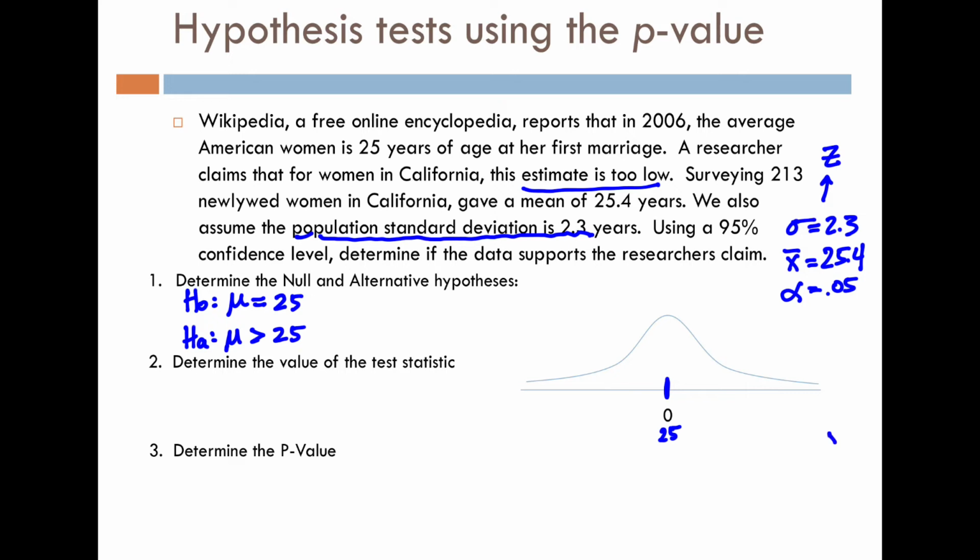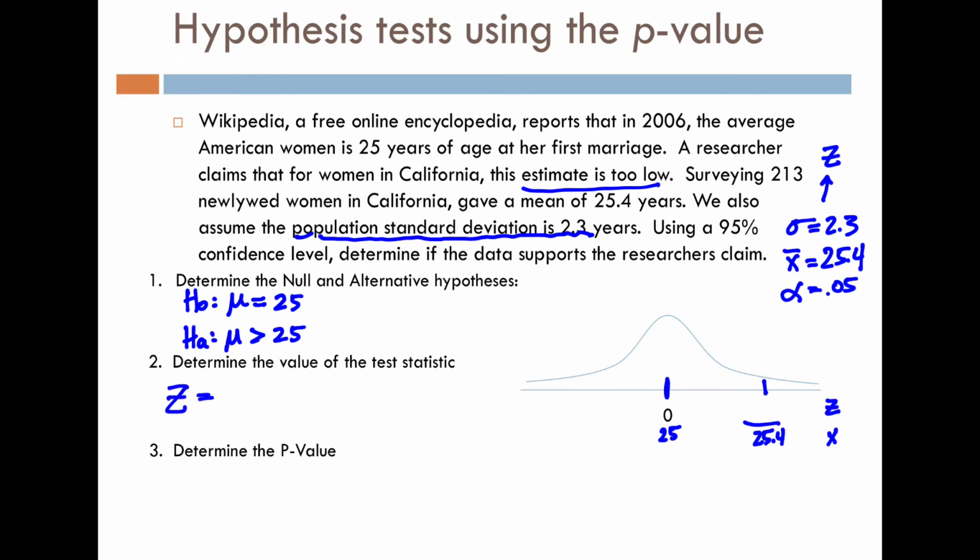And so here I'm going to put the x below, but above it I've got the z. Now, our result did get something that was above that. It was 25.4. And so I'm going to put that over here on the right. Now, I don't know how far to the right that really is. It could be a lot closer. But when we find our test statistic value, our z, that'll give us an idea of how far to the right I really am.